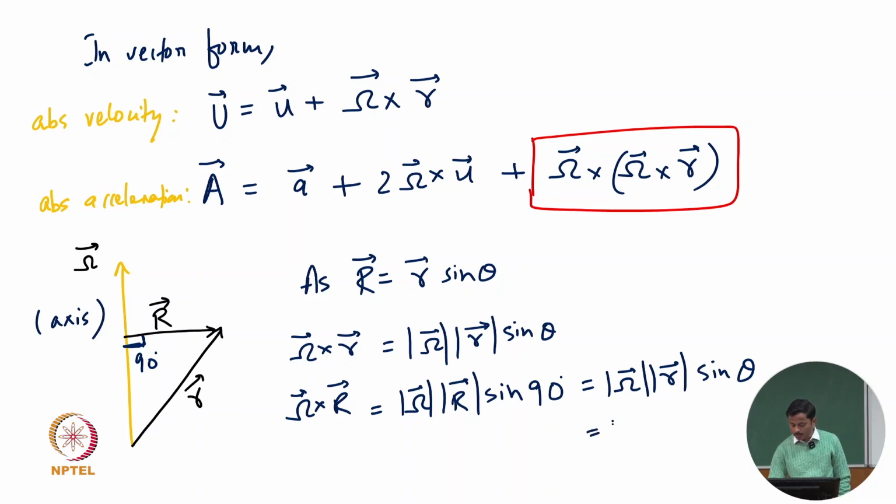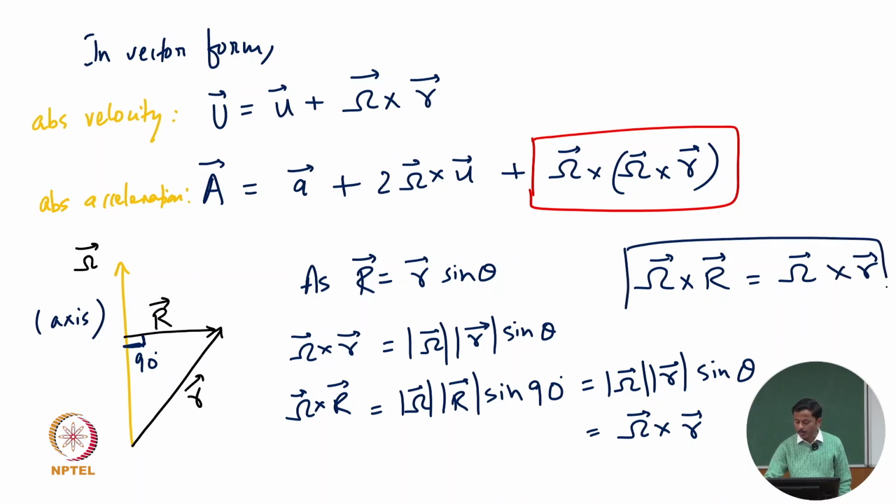So this is the same as omega cross r. So omega cross capital R is the same as omega cross small r.